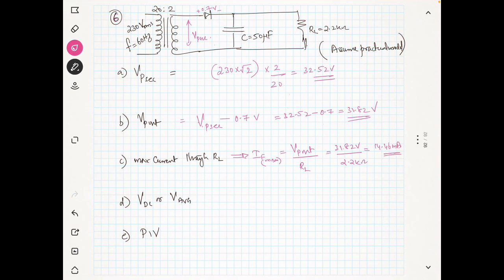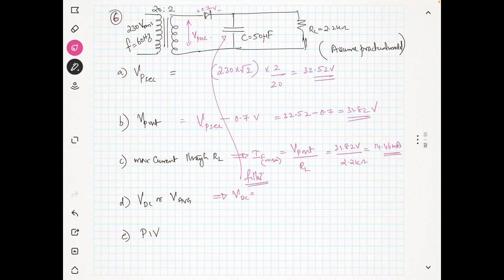Next we have VDC or V average. So what is the formula for this? VDC is not VP out by pi, because there is a capacitor filter.